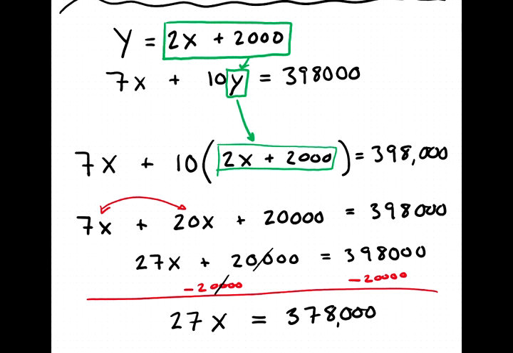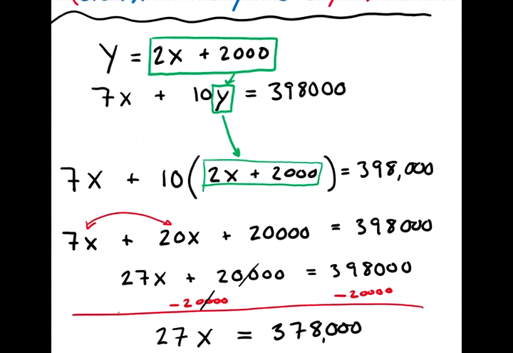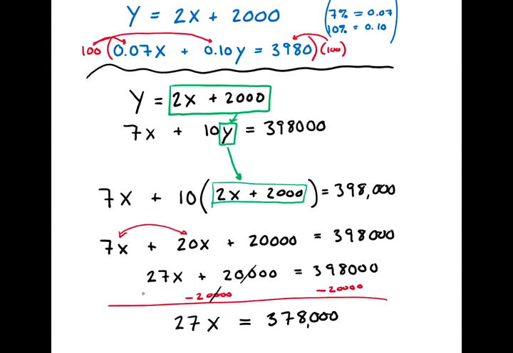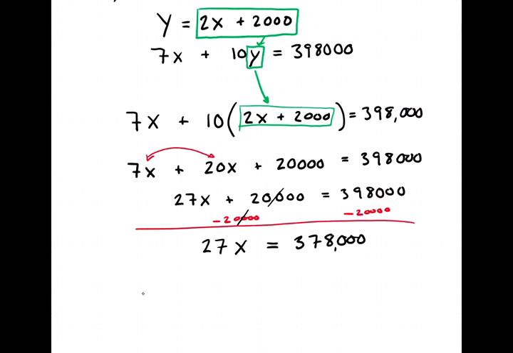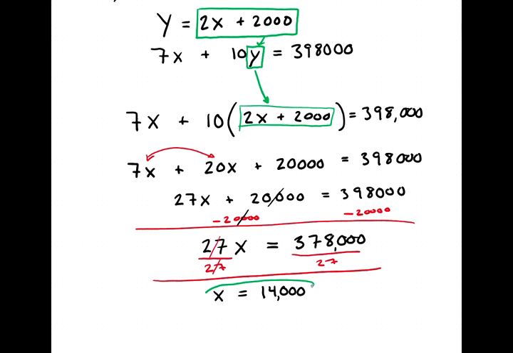Divide both sides by 27 to solve for x. So we have x is equal to, and according to the calculator, 378,000 divided by 27 is 14,000. So there is x. X is 14,000.